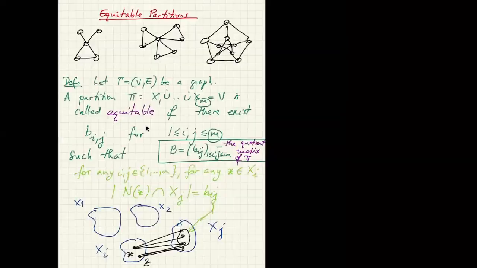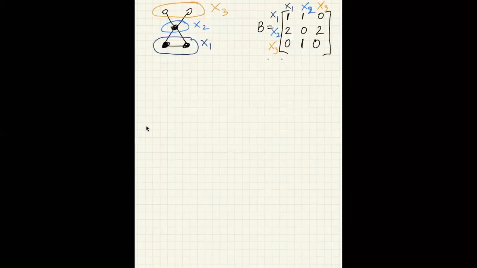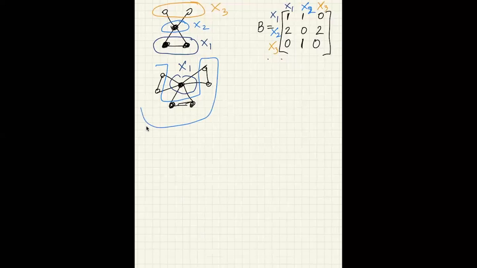Okay, let's do the next one, the 3 triangles. Here you can do several partitions, but one partition that is clear is that the vertex in the middle is by itself. And then if you want, you can partition all the other vertices together into a big class x2.